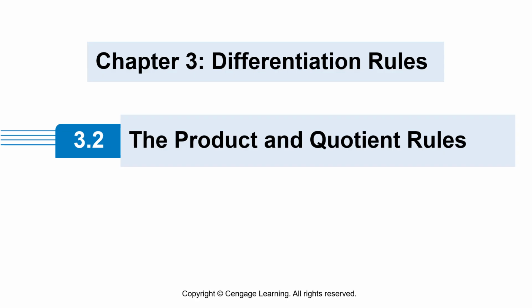So we want to know how to take the derivative of that type of product. Similarly for a quotient, we could have a function that's defined as a fraction with a function of x over a function of x. And we need to develop the rules to tell us shortcuts for computing derivatives of these types of functions. And that's what we're going to do in this section.